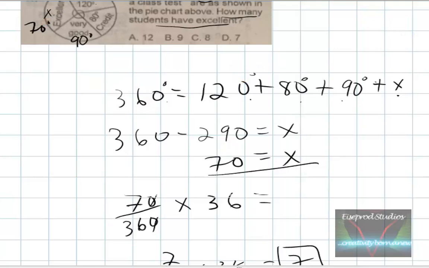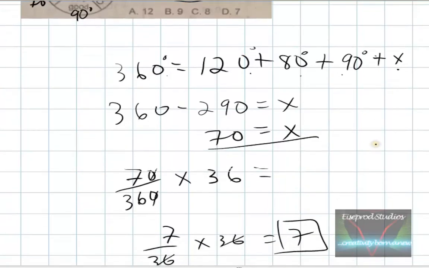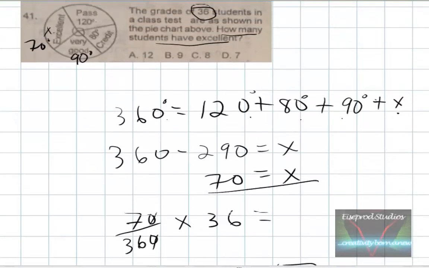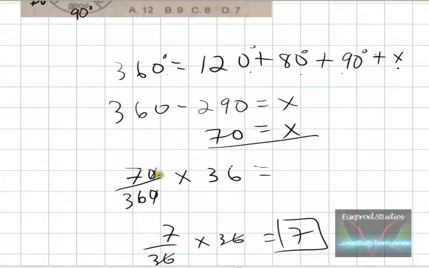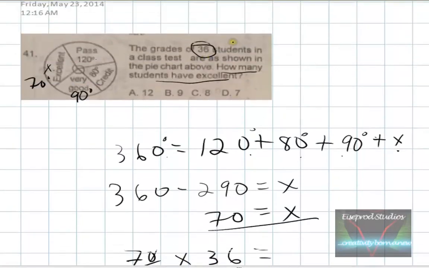So the way to figure that out is we need to figure out what portion or what percentage of students are doing excellent. So we have 70 degrees out of the full 360. That'll give us the portion. Then we need to multiply by 36 because that is the original number of students we had to work with.